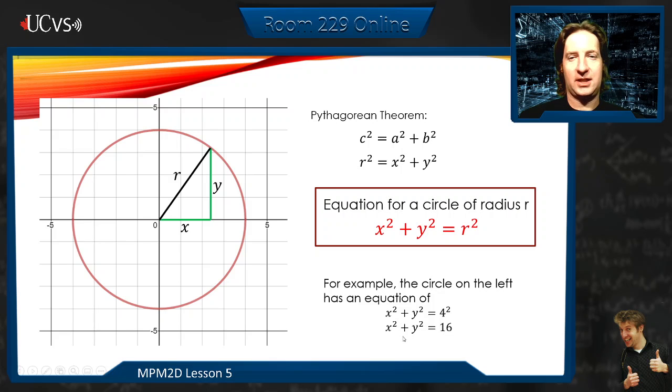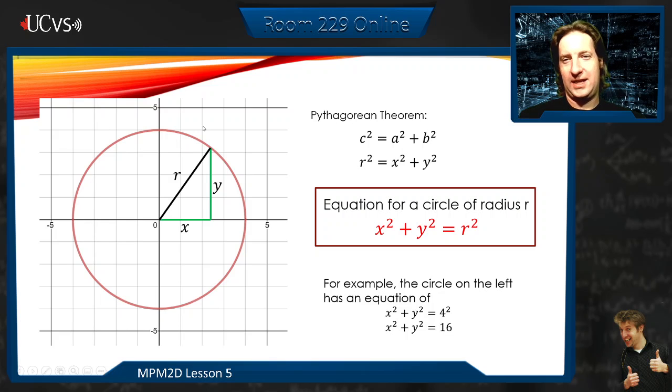We could rearrange it a little bit. The problem with this that you'll see in grade 11 is if I try to rearrange this equation, let's say solve for y, I'll end up with 16 subtract x squared, and then I can take the square root of both sides, but a square root has 2 answers. So we actually have 2 halves, the top half of the circle and the bottom half, and let's not worry about that.